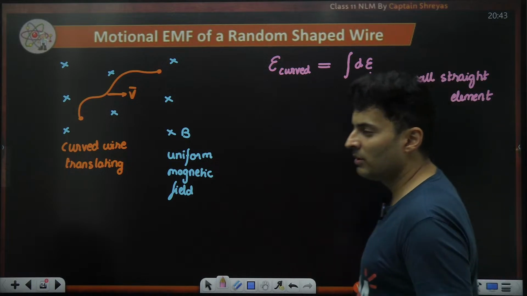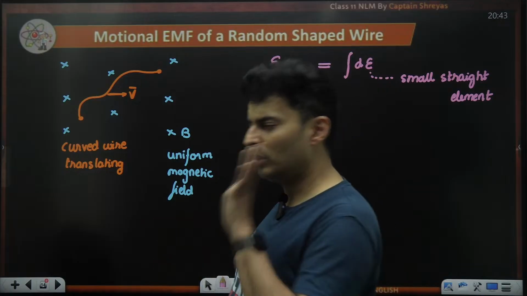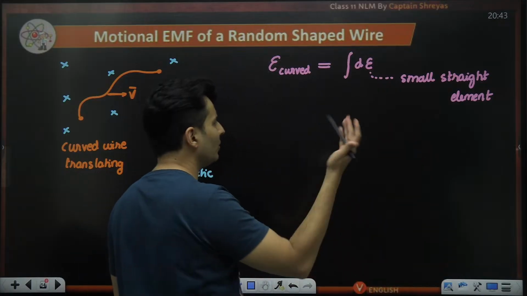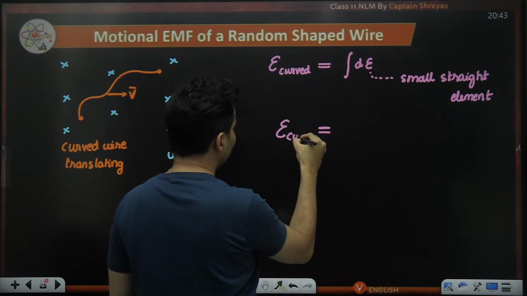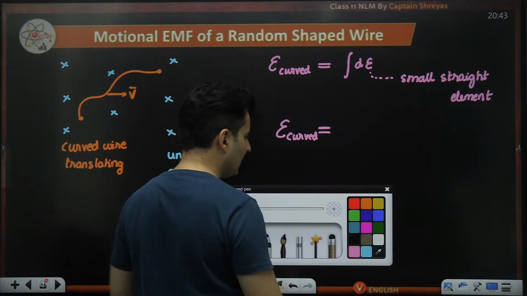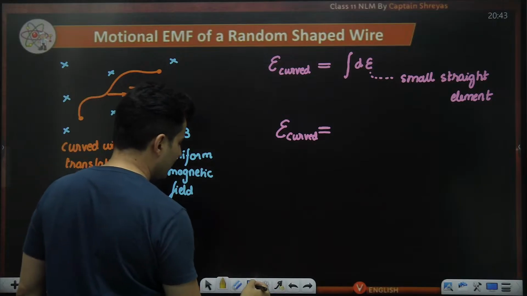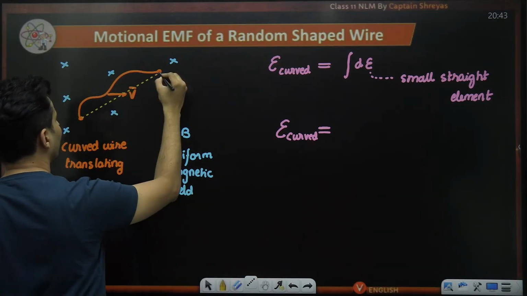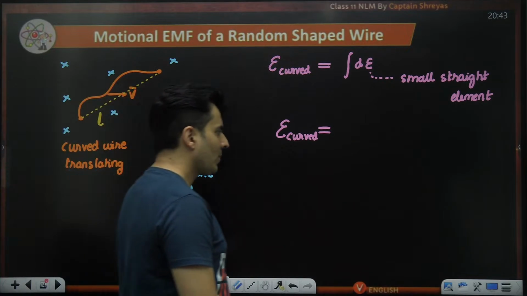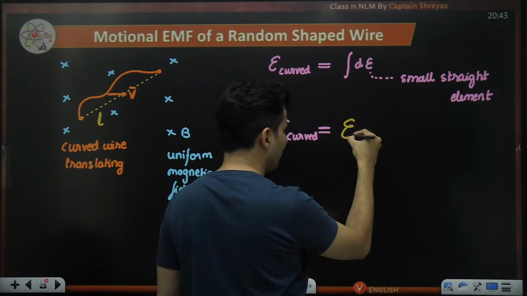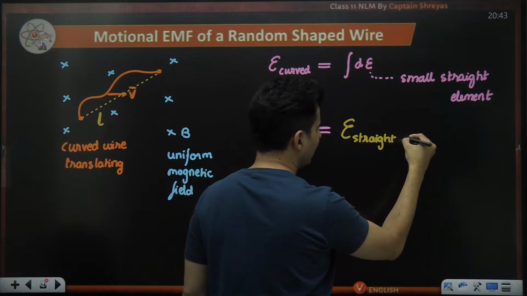But that will be problematic. I don't want integration. But the best part is that integration becomes very simple. We don't have to go into the derivation and all that, even though if you go, it is simple. The answer is that the EMF in that curved wire comes out to be this: if you join an imaginary straight line between the ends of the conductor, with length L, then that EMF is the same as that of a straight wire conductor connecting the ends.